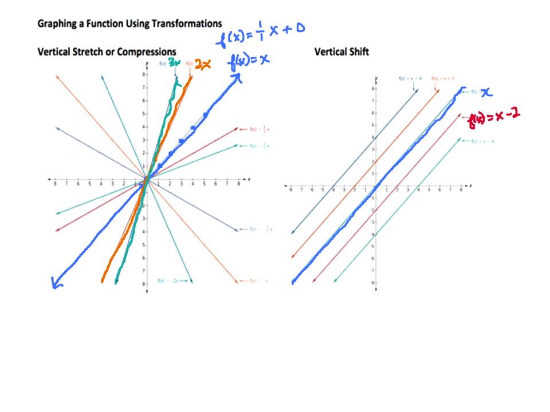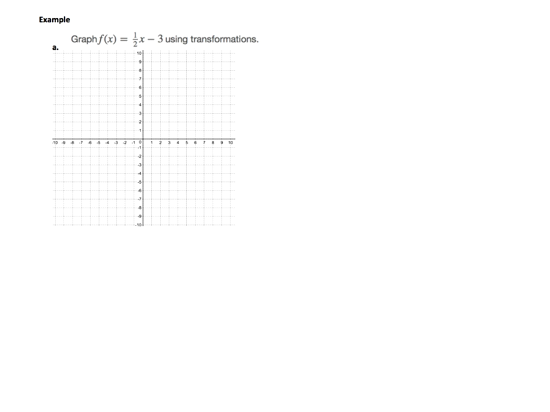The coefficient on the x term is still understood 1, but what I've changed is I've shifted down 2 units. So instead of going through the origin, it goes through the point 0, negative 2. So it shows up as my y-intercept right there. And I could do the same thing with all those others.